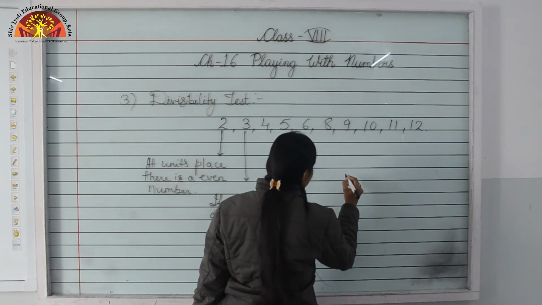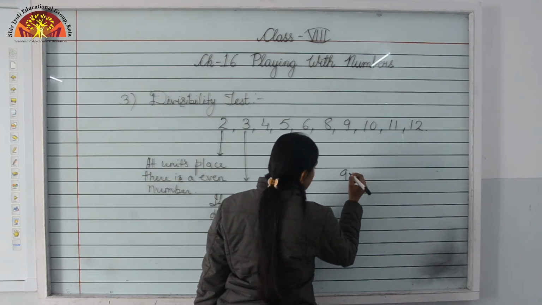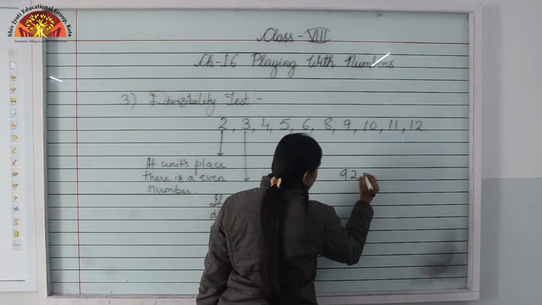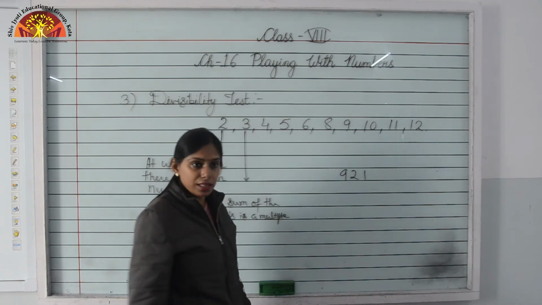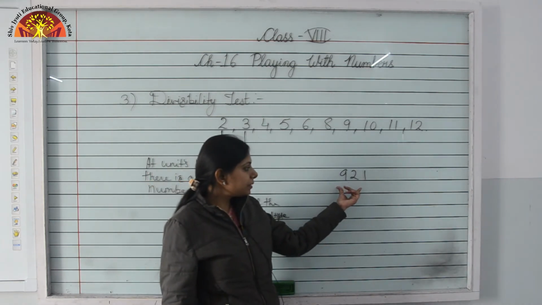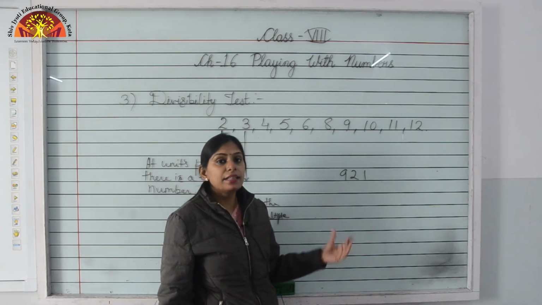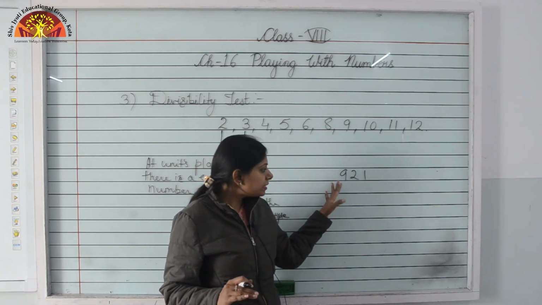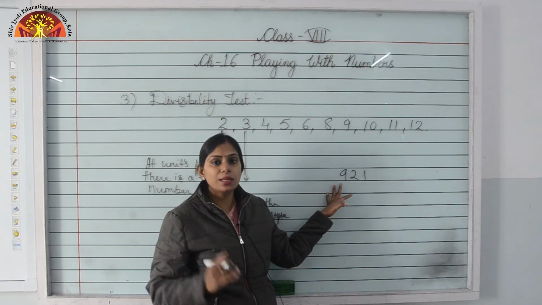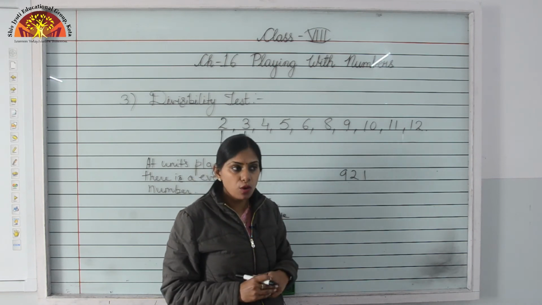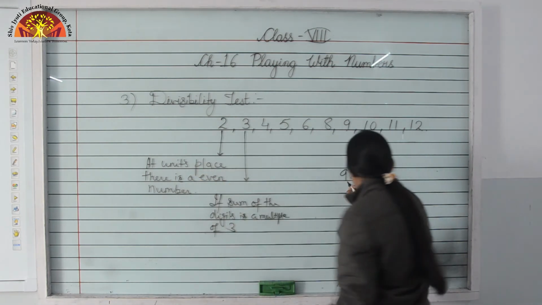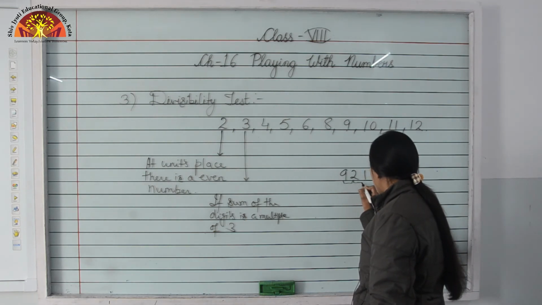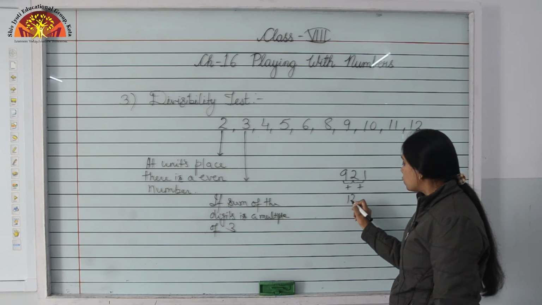Suppose I take the number 921, and I have to test whether this number 921 is divisible by 3 or not. So I will add all the digits. 9 plus 2 is 11 and 11 plus 1 is 12.